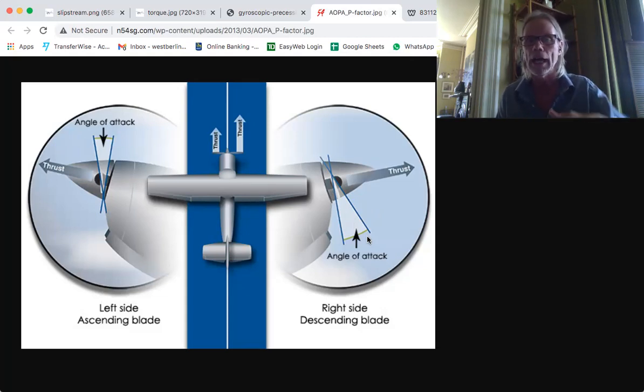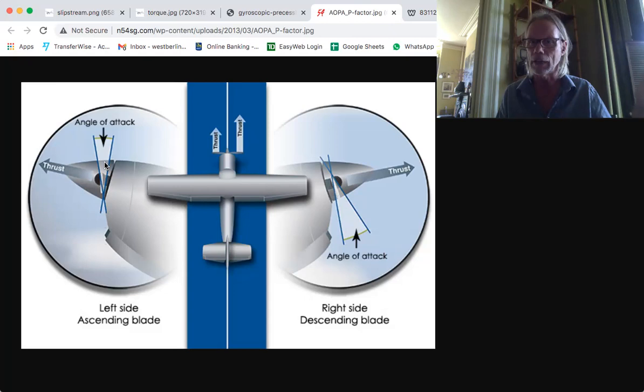So as you raise the nose, you change the angle of attack of the propeller blade from a lesser degree to a greater degree, which means that blade has more bite. Because it has more bite, it creates more thrust than the other side, which is the upgoing blade, whose angle of attack, as you can see here, is reduced as you pitch the nose up.